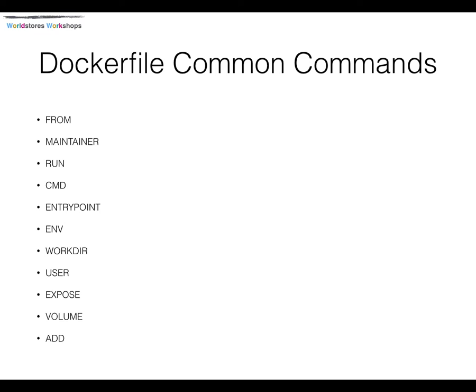And expose and volume. Expose, by default within the image, if you specify a port to expose, then when you run that image into a container, that port will be available to all other containers which link to it. And same with the volume.